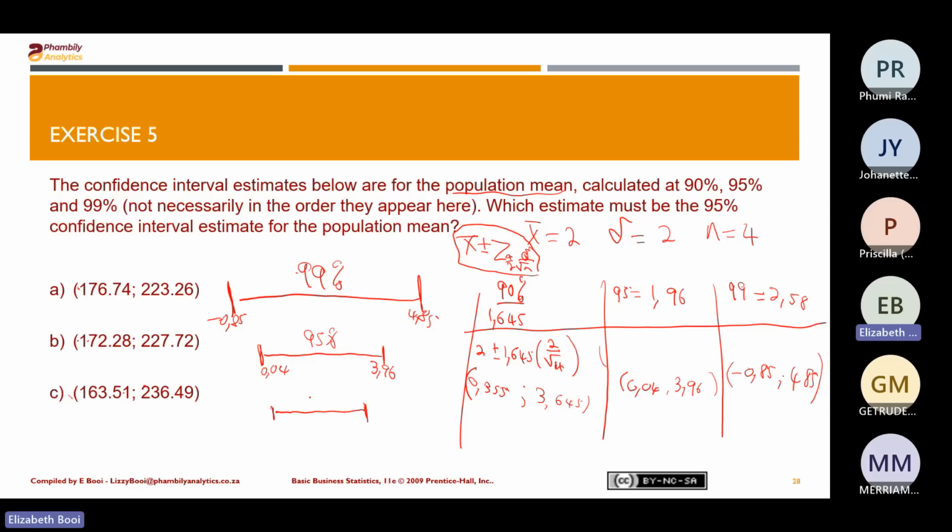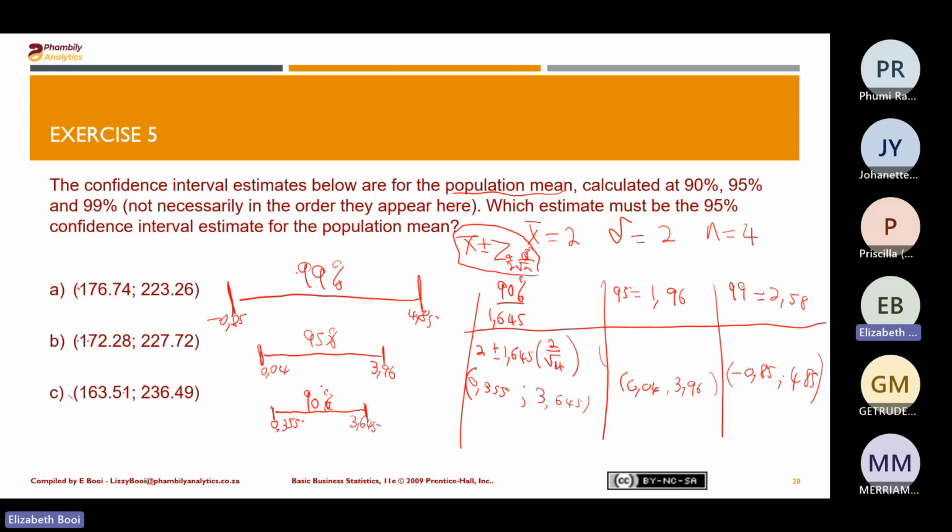And the last one is a 90% limit, which is from 0.355. It is inside the 0, because it's bigger than that, but it's smaller than 3.96, so it's 3.645.